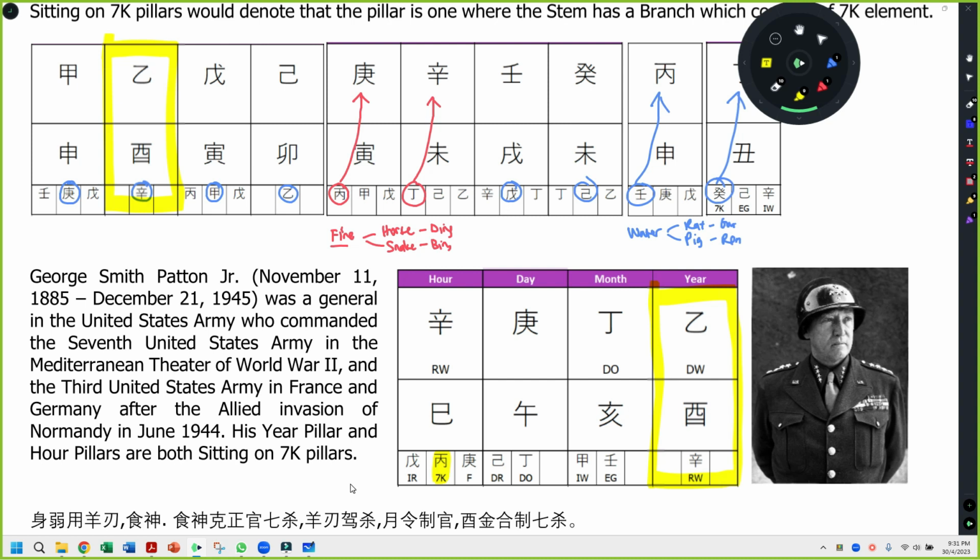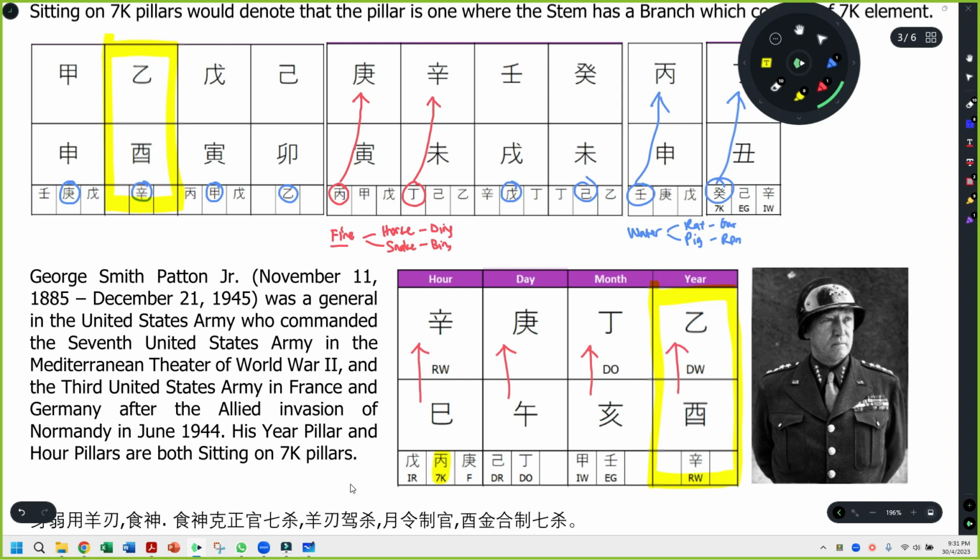If you look into the other pillars as well, we can see that water controls fire. That officer. And fire controls metal, and fire controls metal.